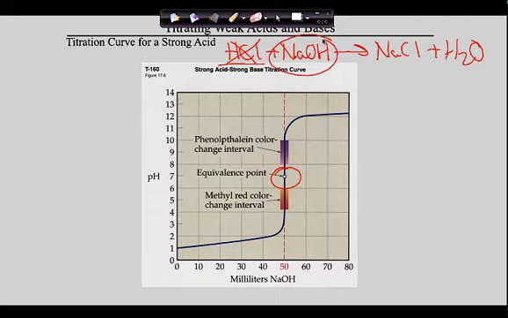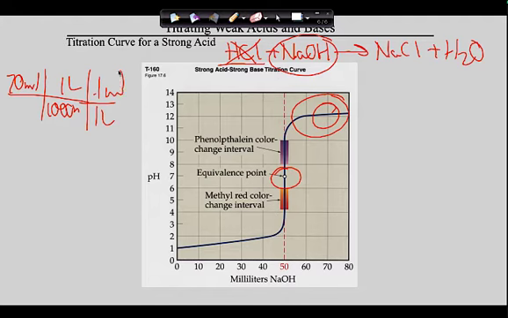So the idea is this: to figure out the pH after equivalence, you need to know how many moles of base. So let's say we're looking at that point right there. You're going to go 70 milliliters of NaOH, 1,000 milliliters is 1 liter, 1 liter is 0.1 moles. Then how many moles of HCl did we have? Well, it doesn't say this on the board, but it was 50 milliliters.